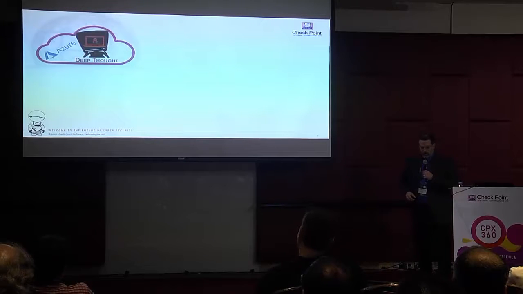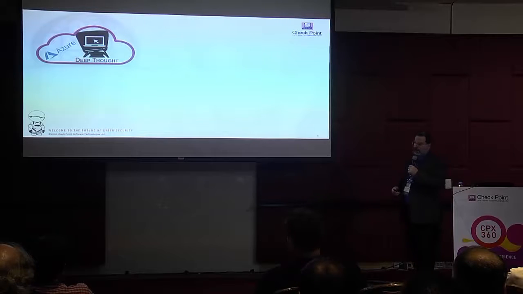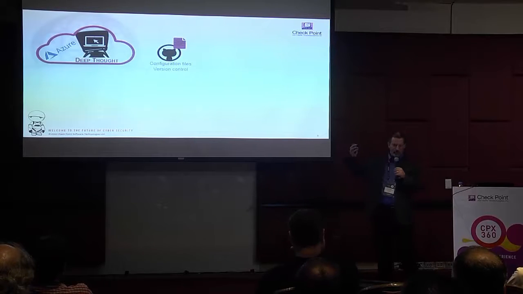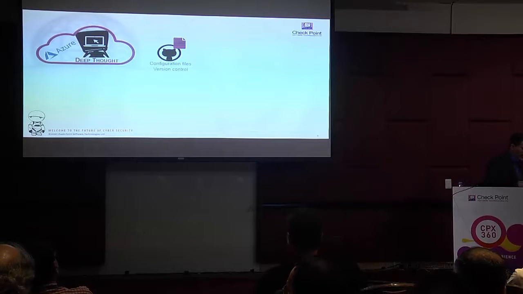So we have Dome 9 that's going to protect that, and we're going to drive everything with GitHub. Everything I'm going to create, I'm going to have source files for it, and we're going to pull this stuff from GitHub.